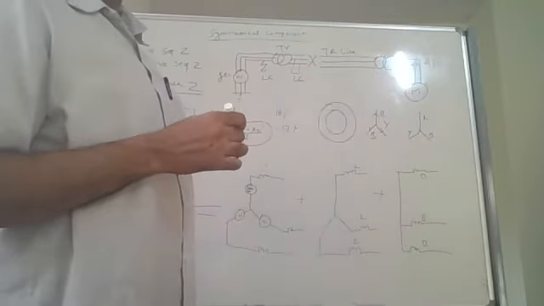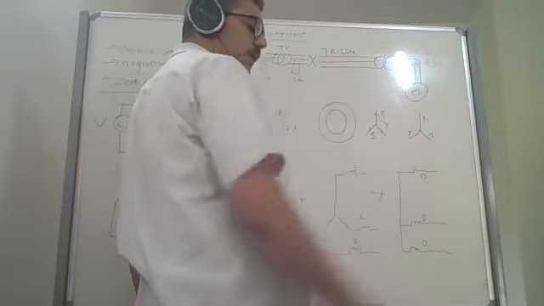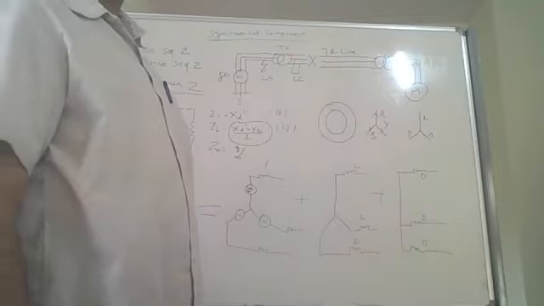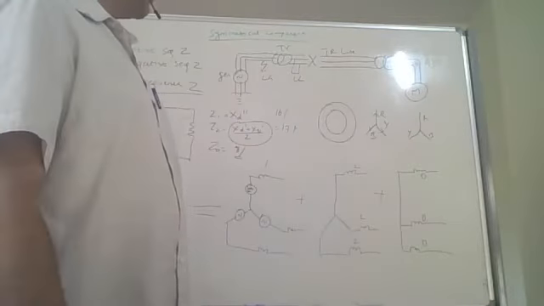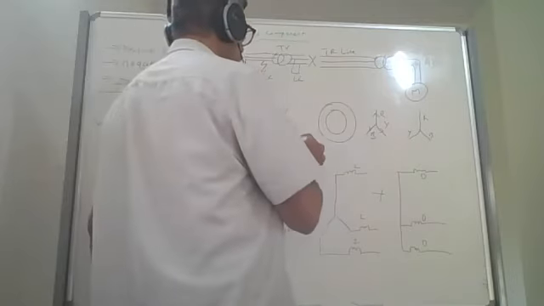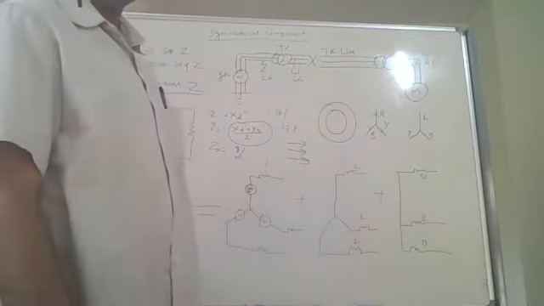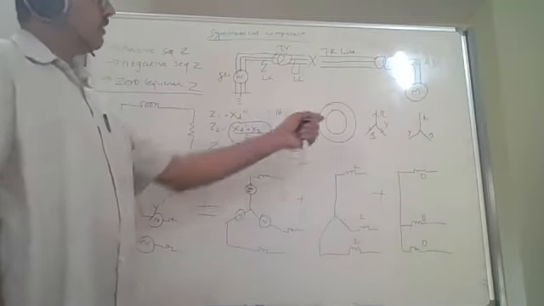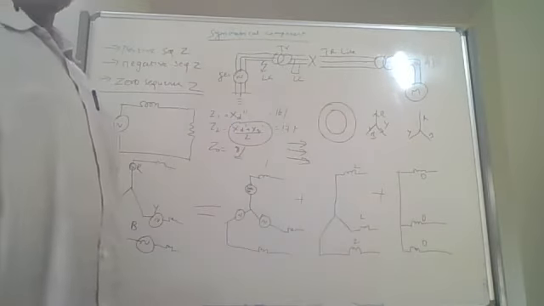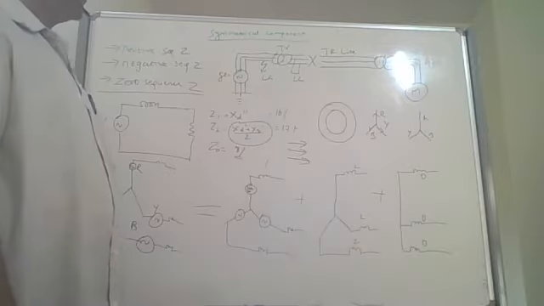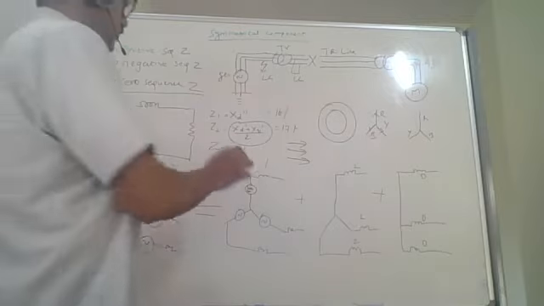Since it is anti-clockwise, negative sequence current will create, in a rotating machine, twice the speed rotating field. For zero sequence, all three currents will be in phase. Since all three currents are in phase, what happens? Very small amount of current is induced in the rotor. Because of that, the impedance is only due to leakage reactance. That's why it is low.